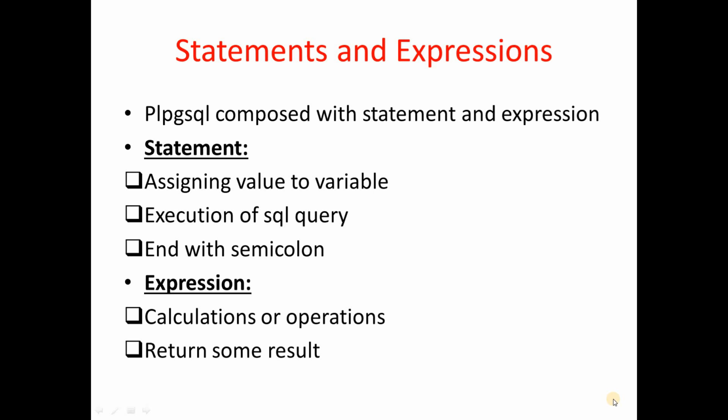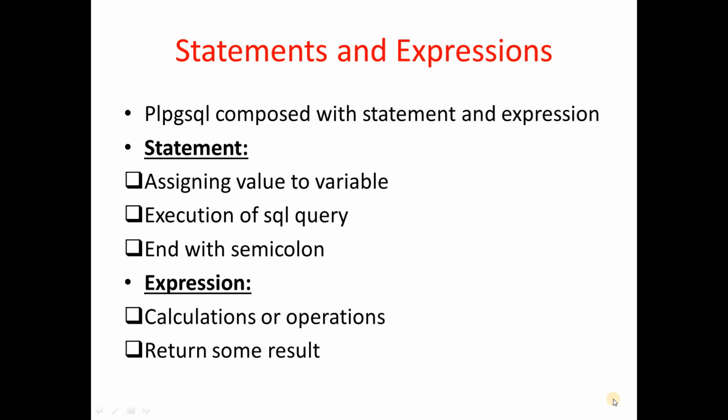So look here, statement and expression. plpgSQL, as we already discussed, is composed of a combination of two parts, statement and expression. What is a statement? Assigning a value to a variable is also known as a statement. Execution of our SQL query is also a statement, and every statement ends with a semicolon. What is an expression?